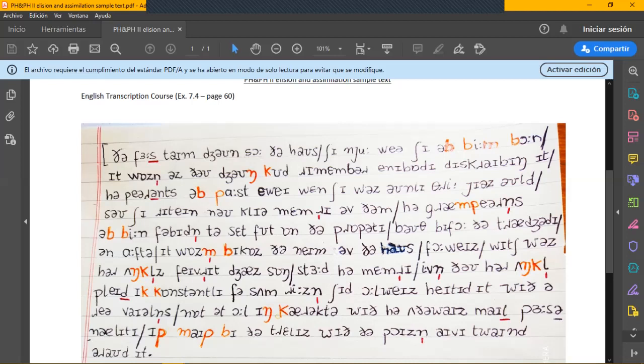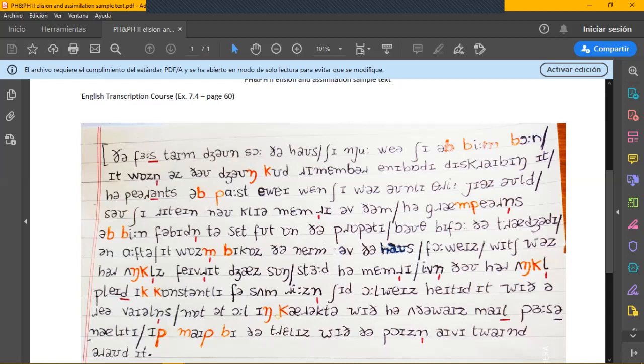And in this case, it doesn't matter that the voiceless velar plosive sound is a voiceless sound, because what is being shared here is the place of articulation, which is the velum. That's why it's assimilated.